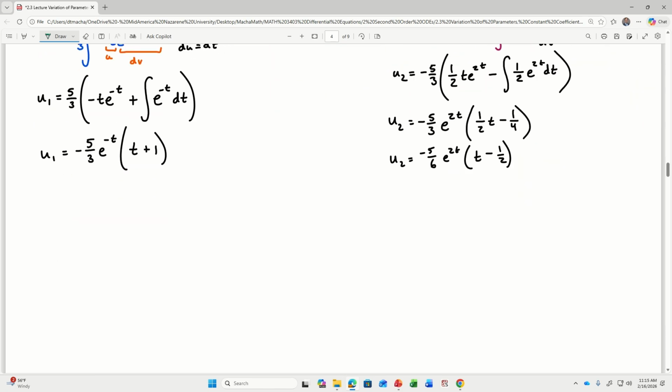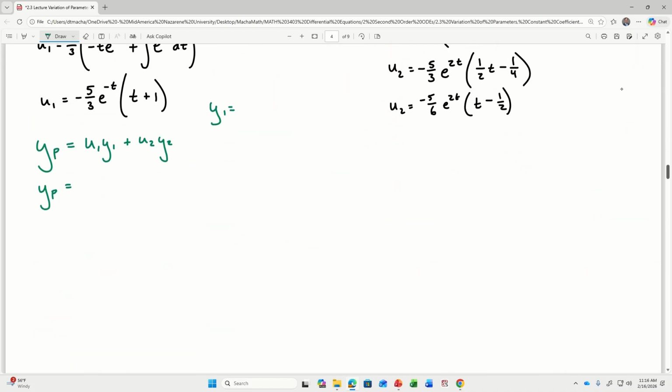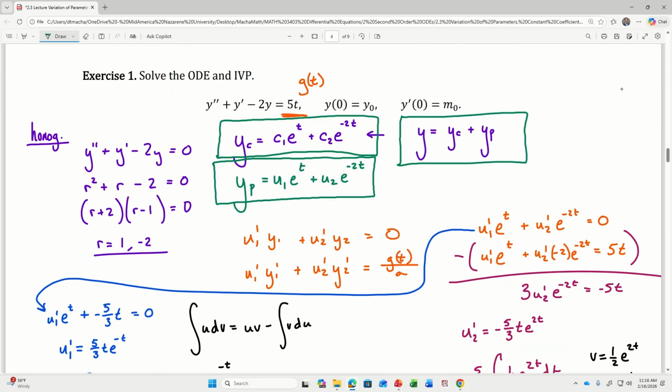So let's write the particular solution next, which is u1 y1 plus u2 y2. And I forgot what y1 is. y1 was just e to the t, where y2 was e to the negative 2t.